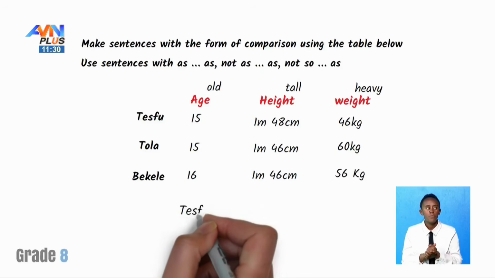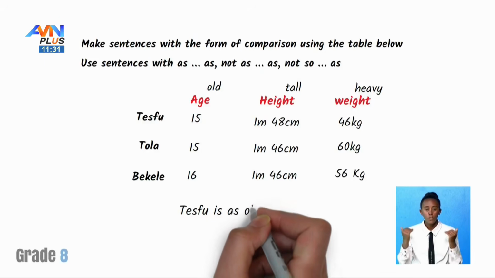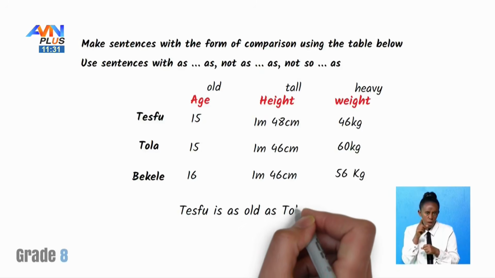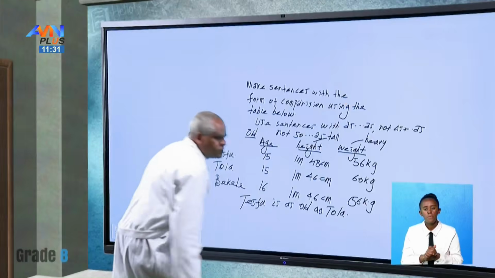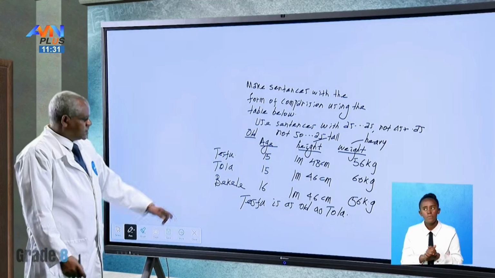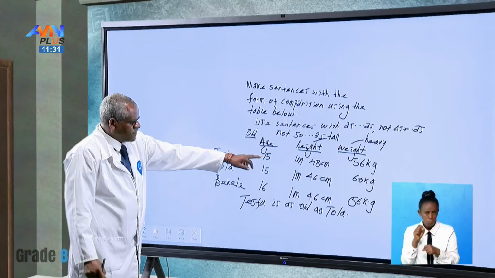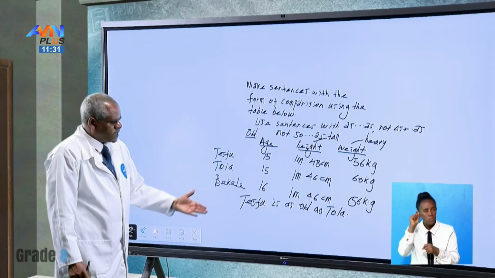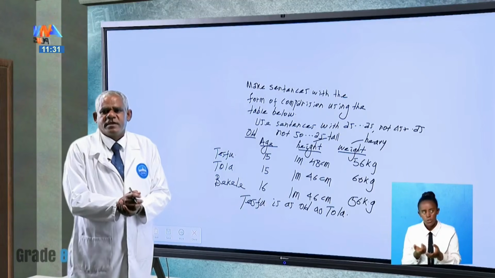Tesfu is as old as whom? Tola. Tesfu is as old as Tola. Of course, look at them. They are 15 years old, 15 years old. Tesfu is as old as Tola. It means they are similar in age. In other words, they are similar in age.